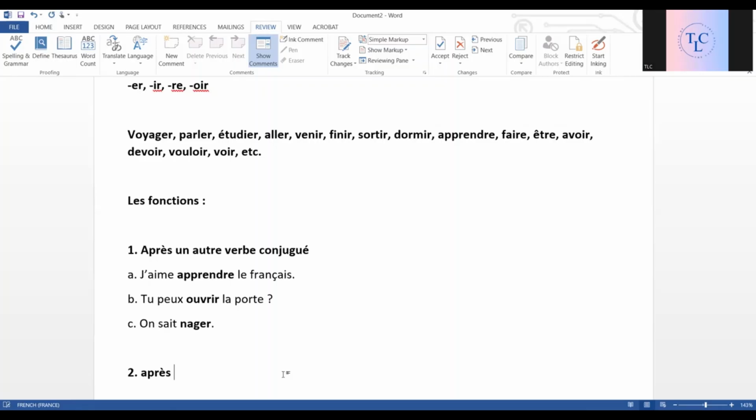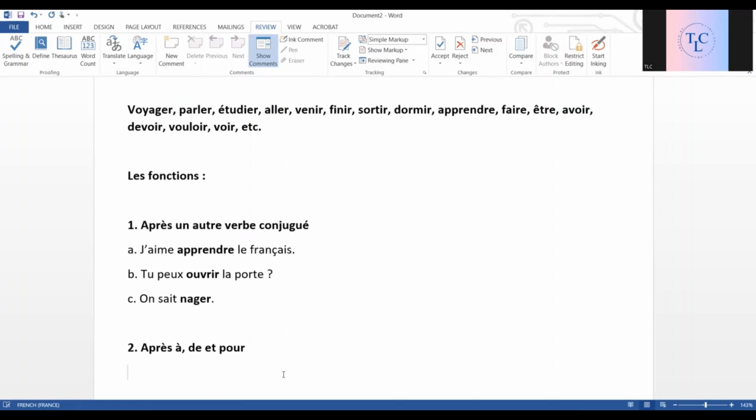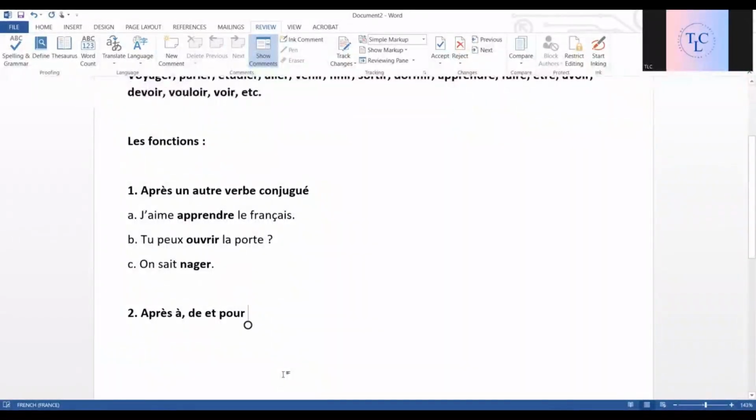So the second use is après à, de, and also after pour. Yes. After the prepositions also we have infinite form of the verb, but this is what you should know. It's the most important thing. After à, after de, after pour.